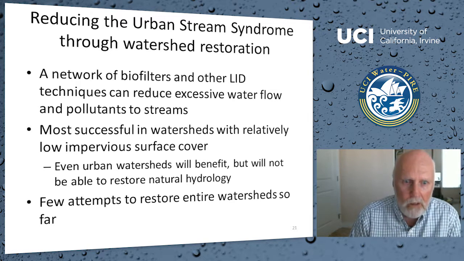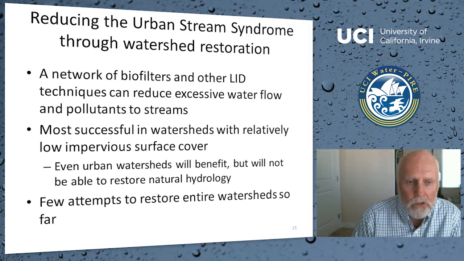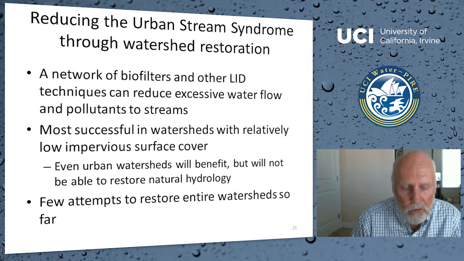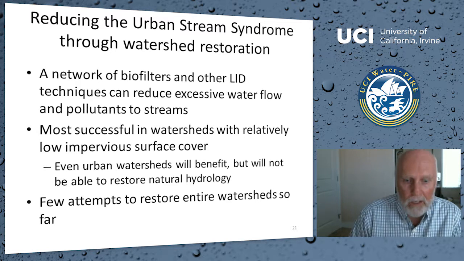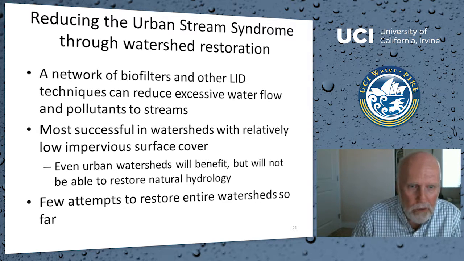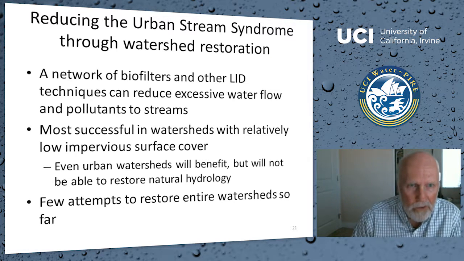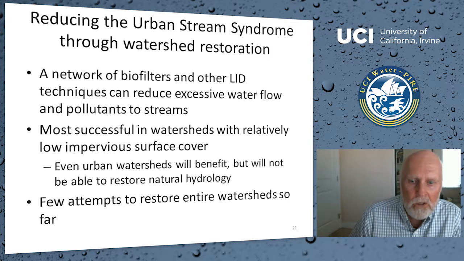We may not be able to get all of the species back either, but we can improve the stream conditions, and there's also these other co-benefits in terms of reducing pollutant loads to receiving waters, but also other sorts of ecosystem services, both biological services, but also cultural, aesthetic services that could be a benefit of these sorts of watershed restorations. And there have not been very many attempts to restore entire watersheds so far, but we're definitely moving in that direction.